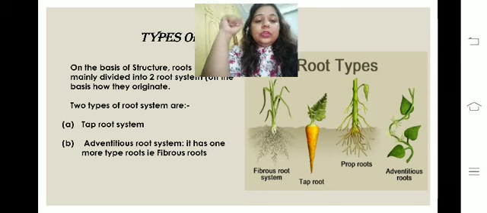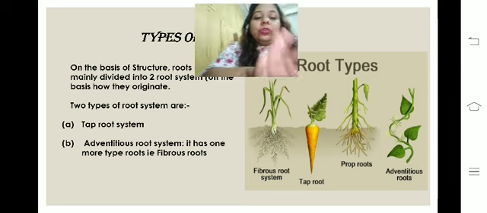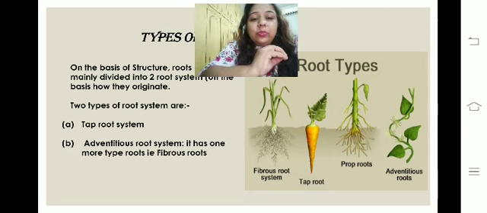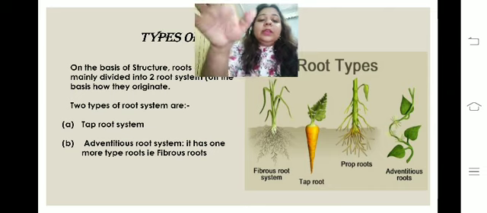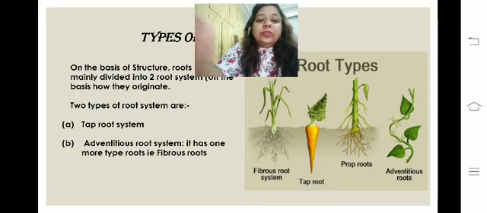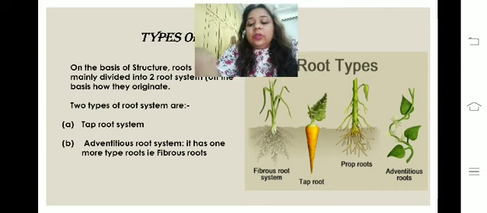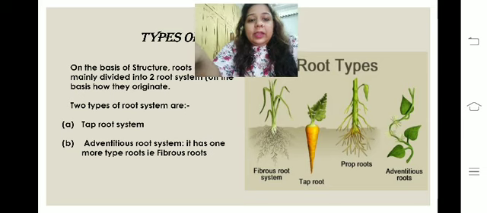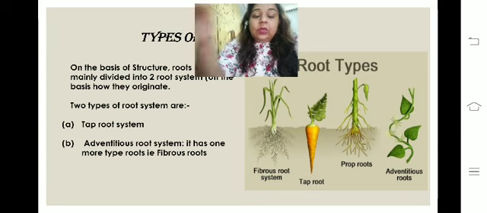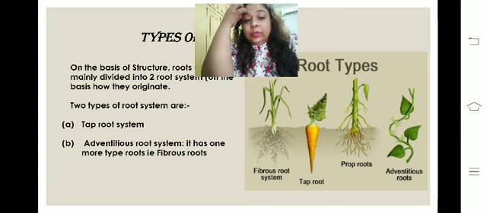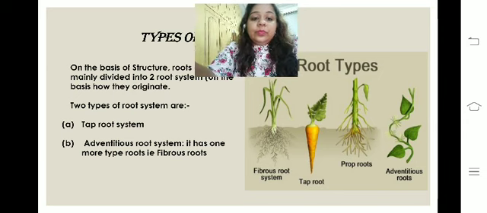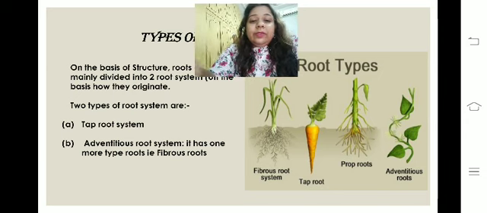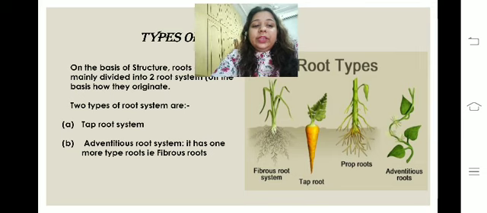I'm not going to go into detail on that, but as far as the root system is concerned, most dicotyledonous plants have a taproot system and monocotyledonous plants have an adventitious root system, either fibrous roots or adventitious roots.